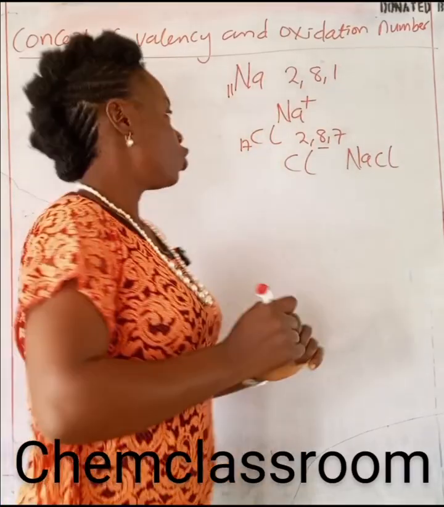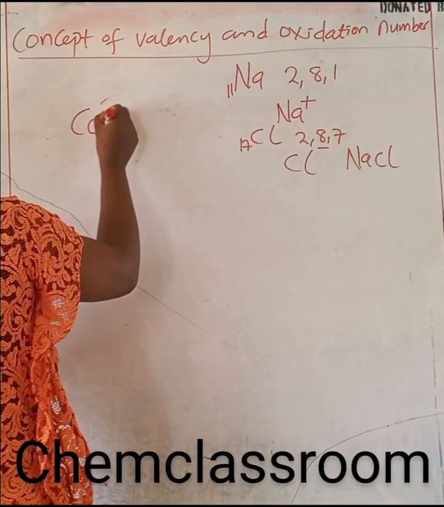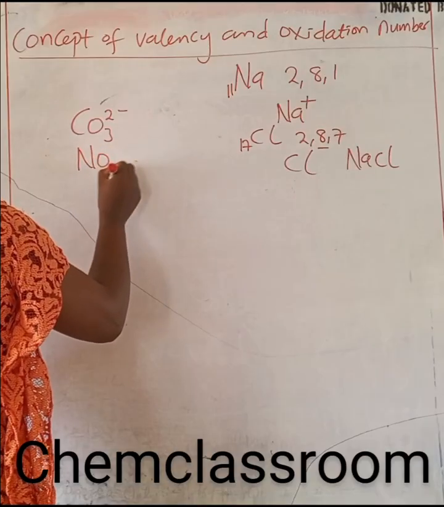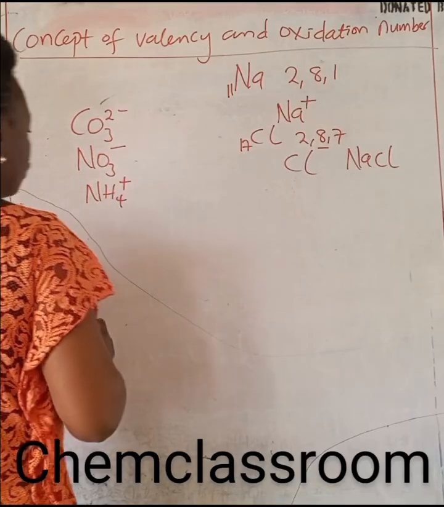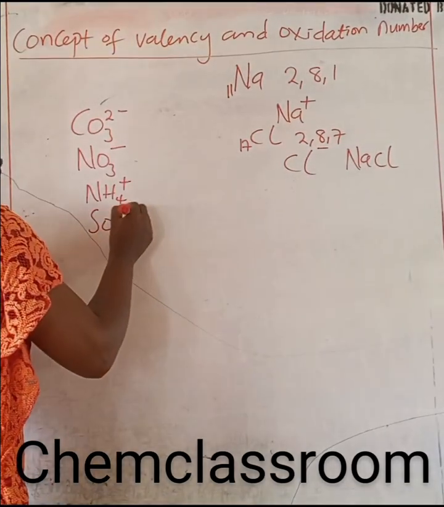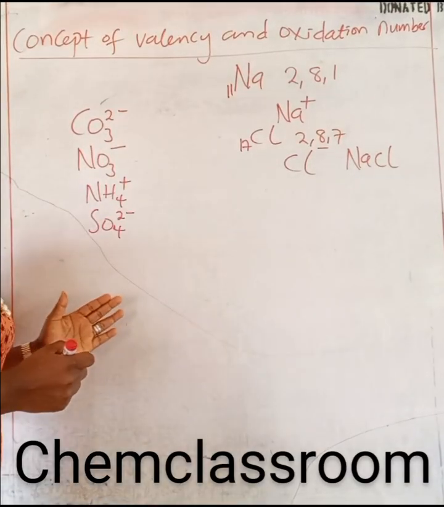It's together. So you have something like CO3 2 minus, NO3 minus, NH4 plus, which is the ammonium ion, SO4 2 minus. These are what we call radicals.